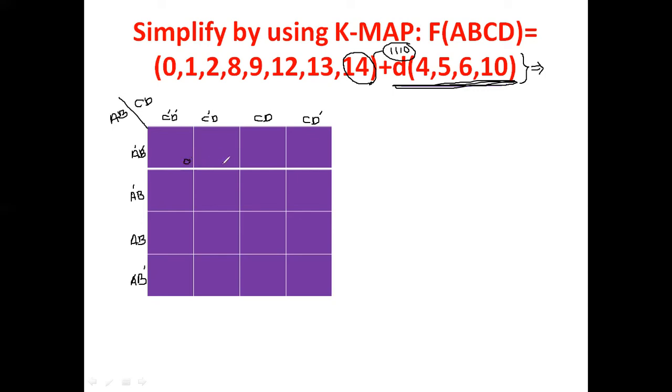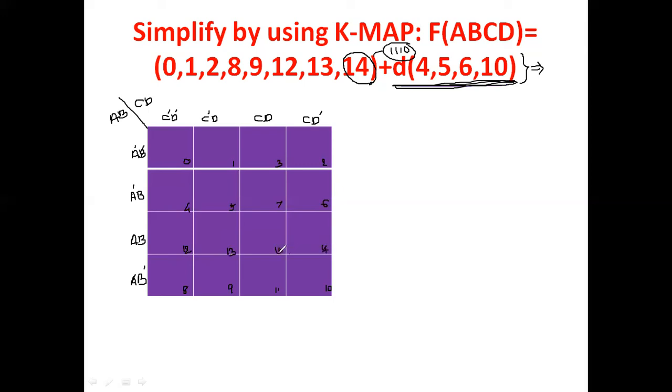Then draw the Karnaugh map and mention the numbering. So this is the Karnaugh map. The numbering is similar to the last problem. 0, 1, 2 to be here, 3 to be here, and then 4, 5, 6 to be here, 7, 8 should come here, 9, 10, and then 11, 12, 13, 14 to be here, and then 15.